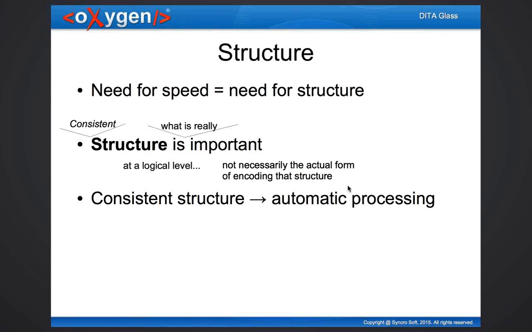And if the structure is consistent, then we do not have a lot of variation, so we can cover that more easily in an algorithm. Of course, if we have a consistent structure, then we can convert from one form of encoding to another. That's why the actual encoding of that structure is not that important, but consistent structure is really, really important.